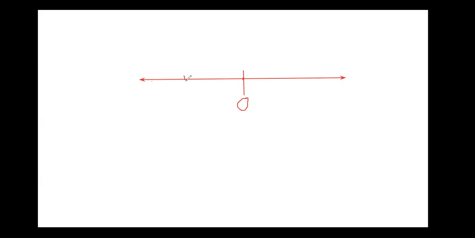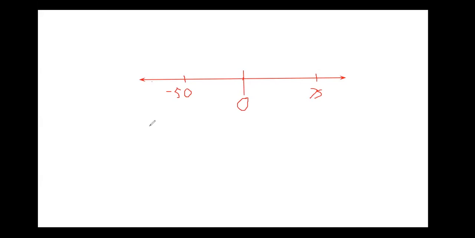So if it's negative 1 or it's negative 50 or 75, all it matters is just how far away it is from 0. But it doesn't take into account that it's negative.